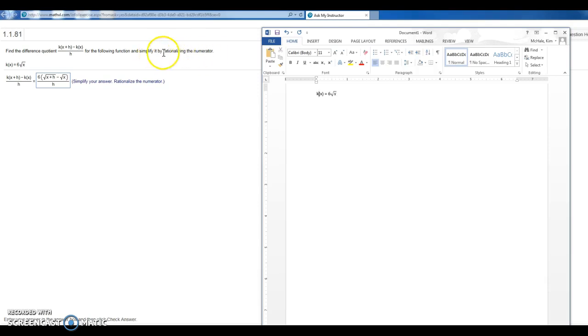This is a tool you'll use in pre-calculus. It's a tool you'll use in calculus, and so it's really important to understand this. I'm going to take it in pieces.